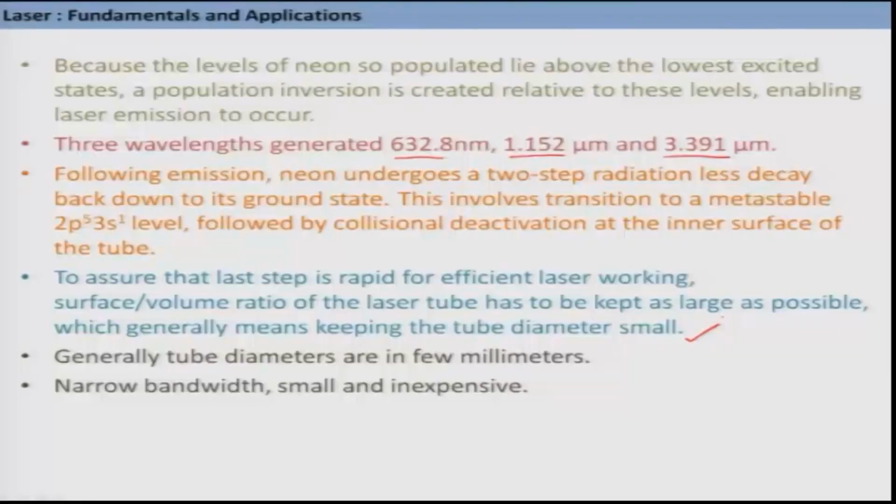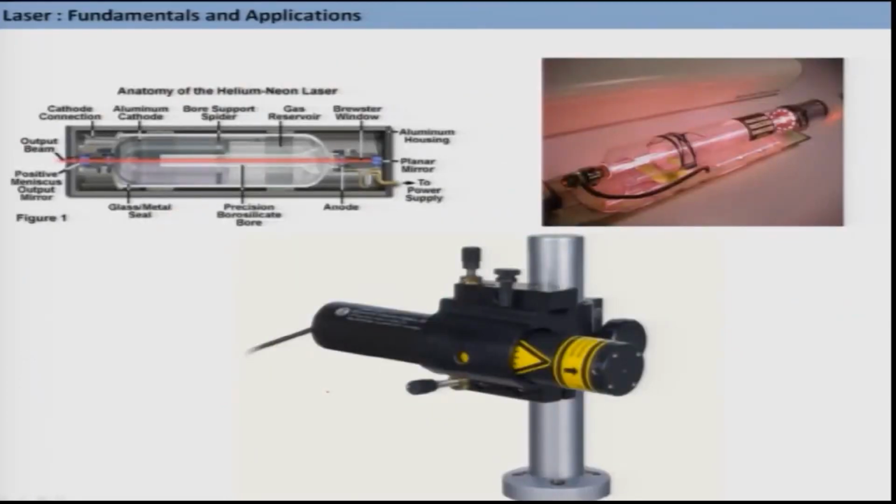Now the advantage of the HeNe laser is that, as we already mentioned, it has a very narrow bandwidth. This HeNe laser is quite small and inexpensive. So we will show you the actual picture of this HeNe laser. On your left there is a schematic of this HeNe laser.